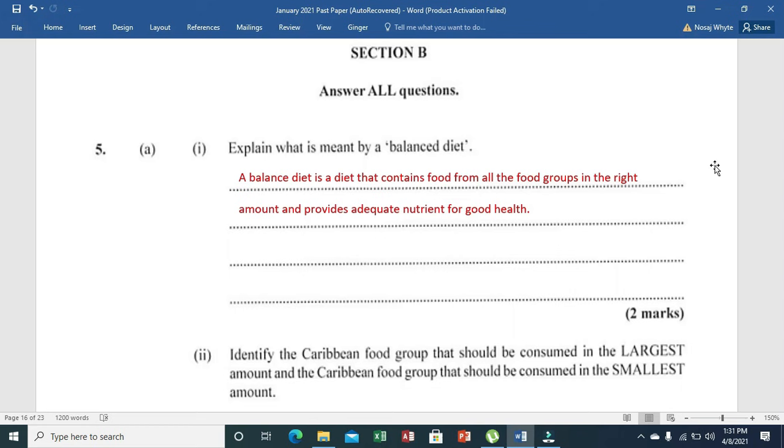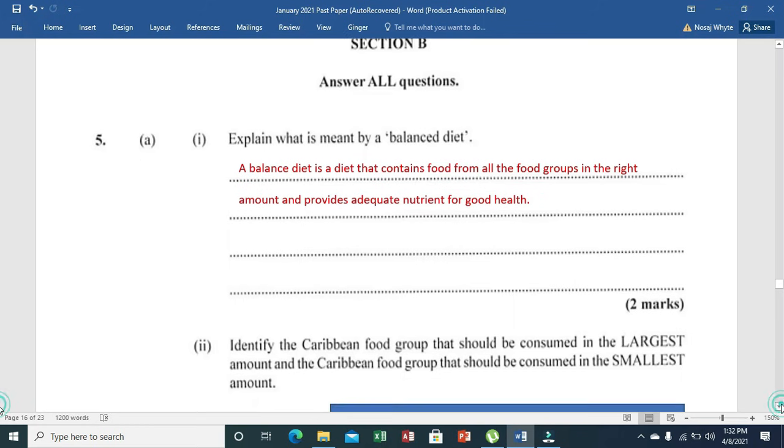You will agree that if the diet is not balanced, then we could be suffering from what is referred to as deficiency disease. And in some cases, these deficiencies will spill over into other diseases. If we were to look at vitamin A and the lack thereof, we could be looking at a weakened immune system, and of course we wouldn't want that. So a balanced diet is definitely important for all individuals.